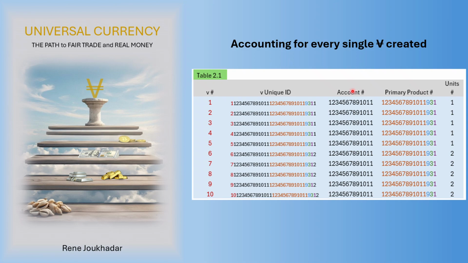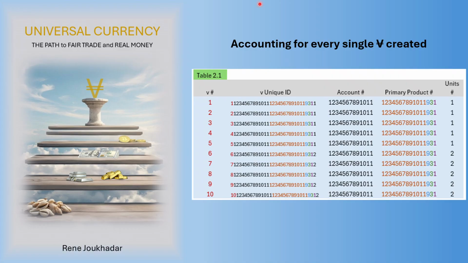So that particular primary producer, if he sold those 2 units, he would be earning 10 small V's or 1 big V. So here you can see the V's being produced in chronological order, assuming this is the first V ever created in the system, and then we go forward in time.